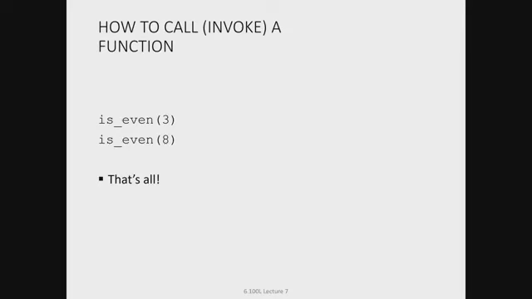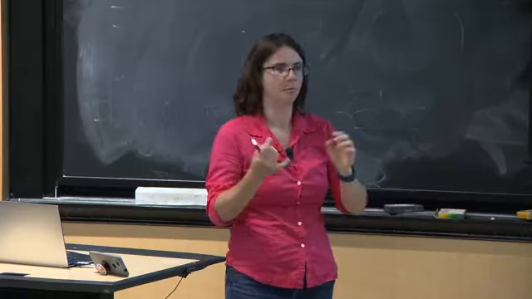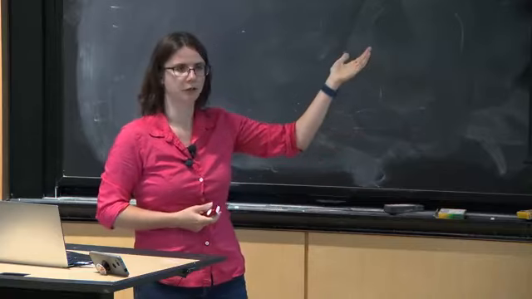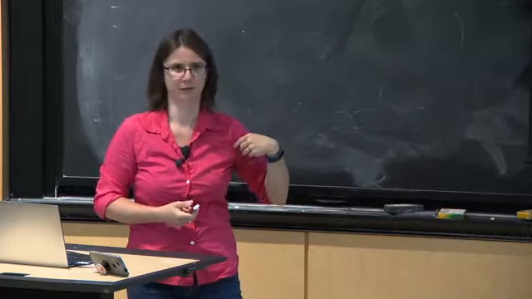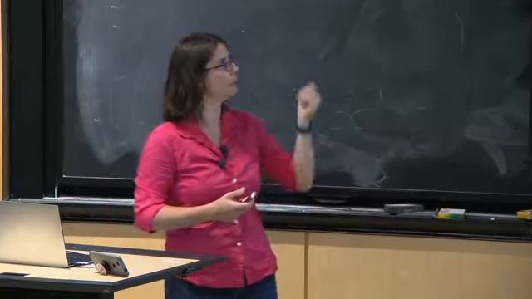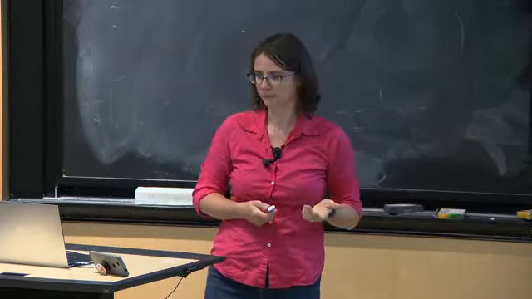To do that, we make a function call. We've already been doing function calls to functions that already exist in Python, like max, abs, len, all that stuff. But now we're making a function call to something that we wrote, this nice piece of code that tells us if a number, the input, is even or not.